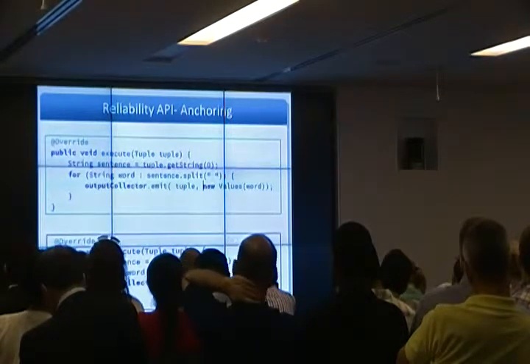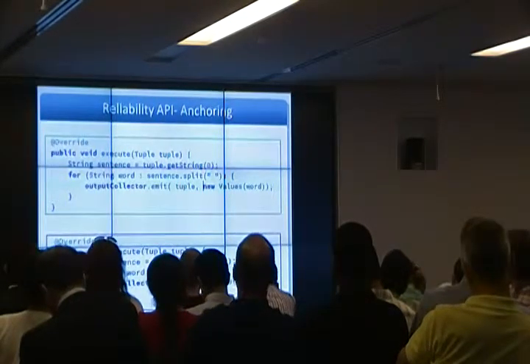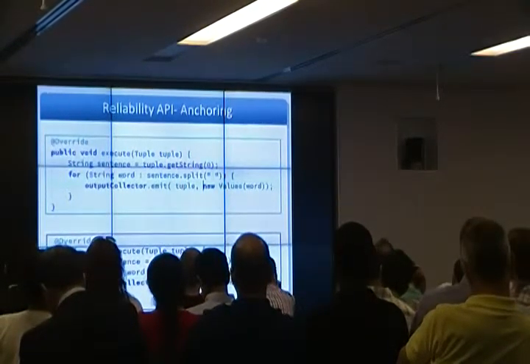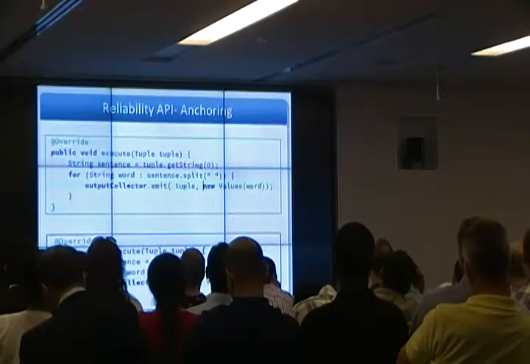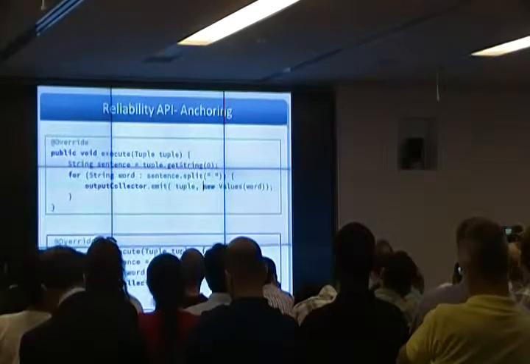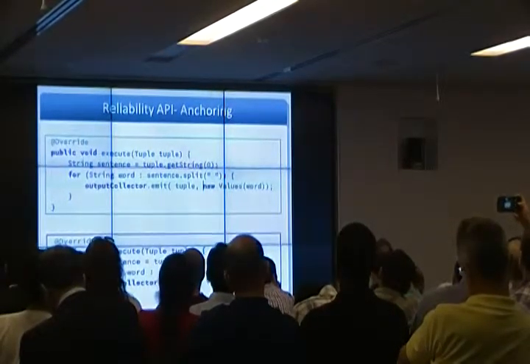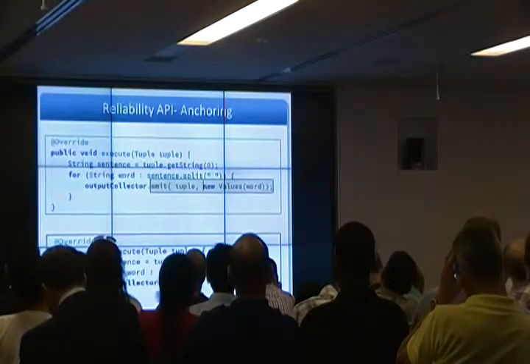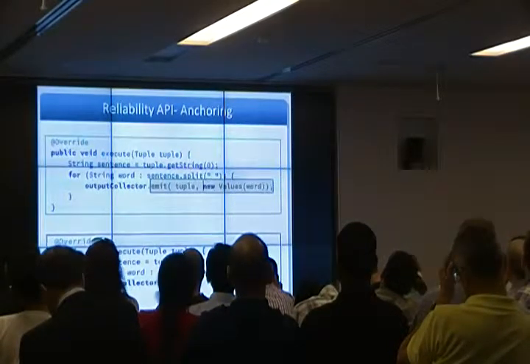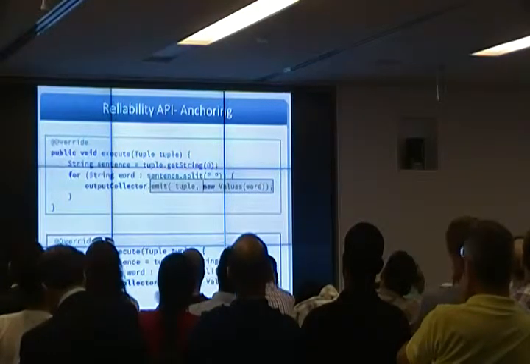Anchoring is like, every time in your bolt you read a tuple and you instantiate another 2 streams of tuples, you're breaking it up, you have to tell Storm, okay, here's my original tuple and here's my new tuple. So here, if you see, I emit the original tuple and a new one. That allows Storm to track this whole tuple tree.